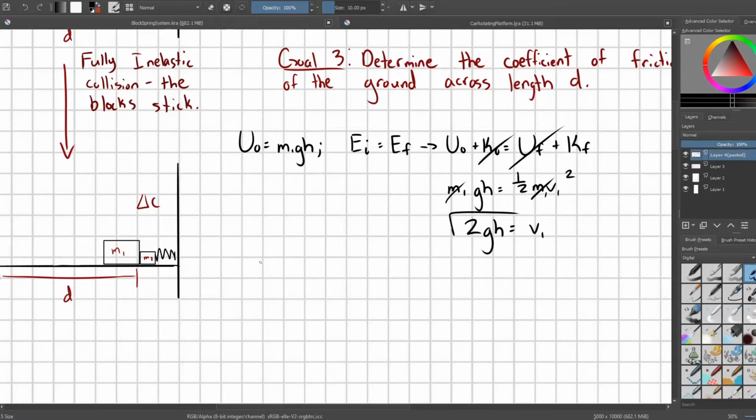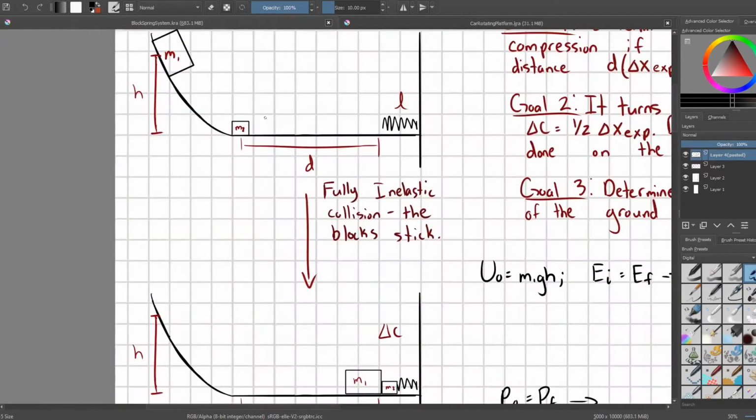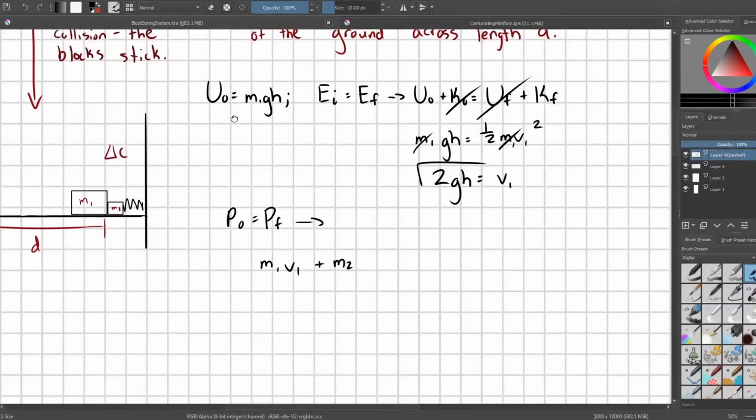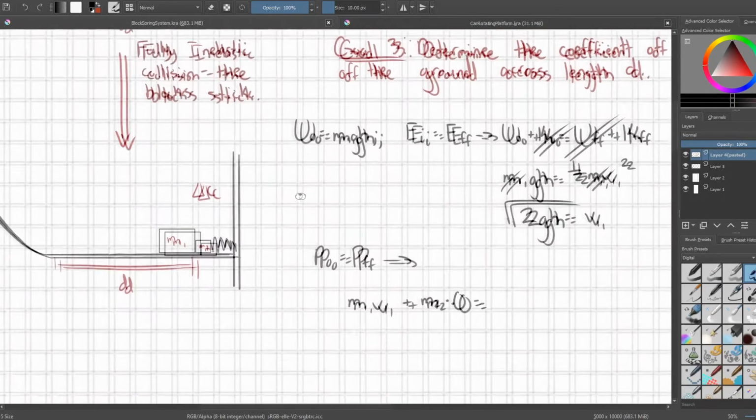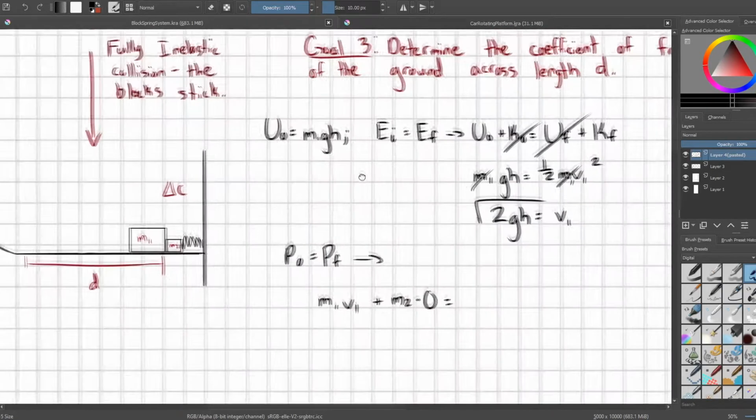So we can say that P naught equals P final, which are M1 V1 plus M2, and initially M2 is just at rest, so this would be times 0, equals, and I said that this was a fully inelastic collision, so the blocks stick together.